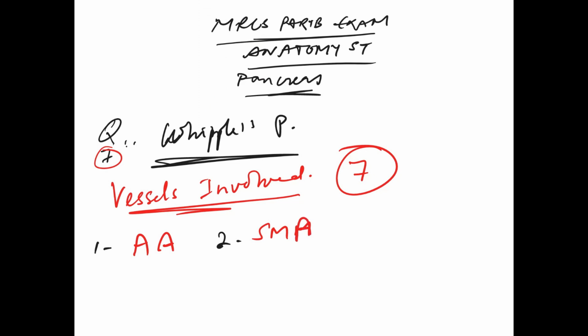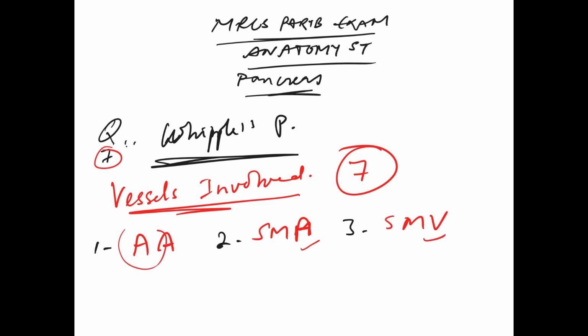Number three, we are going to mention the superior mesenteric vein. It's easy, right? So till here, abdominal aorta is easy. Superior mesenteric artery and vein are connected together.